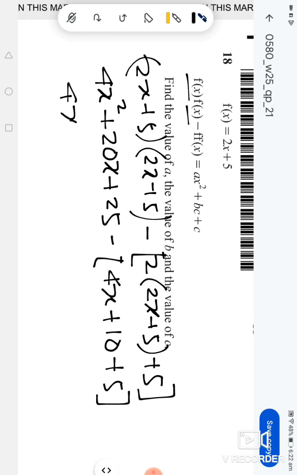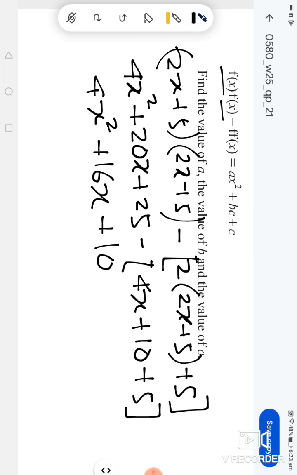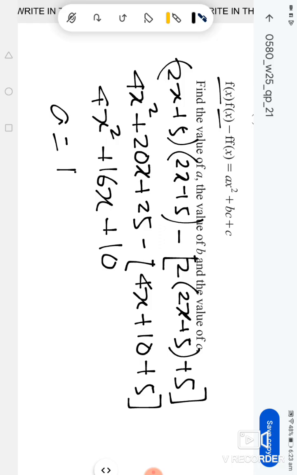So 4x square, 20 minus 4 equals 16x, and 10 plus 5, 15, 25 minus 15, so plus 10. So a is 4, b is 16 and c is 10.